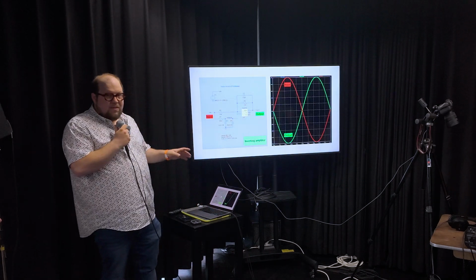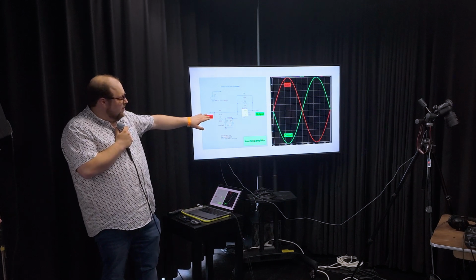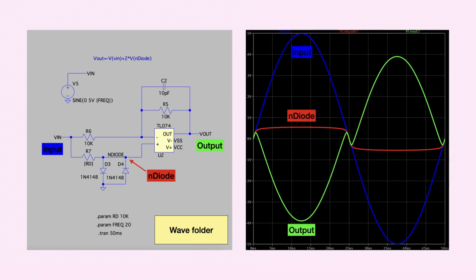So when we simulate the inverting amplifier, you will see that the input and the output are exact copies, except they're multiplied by -1, hence the name inverting amplifier. And then if we reconnect that wire, so that it becomes a wavefolder, then this happens.